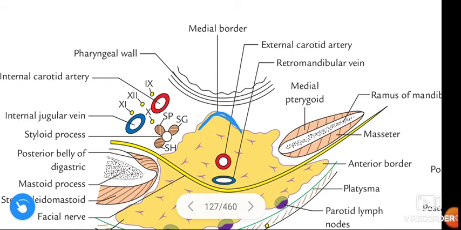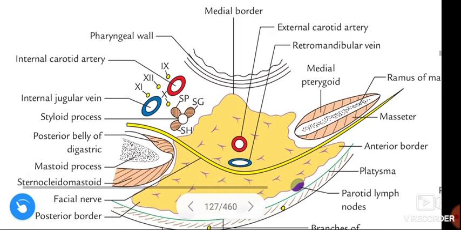This is the medial border of the parotid gland, and the structure related to the medial border is the pharyngeal wall. See here, this is the horizontal section of the parotid gland.